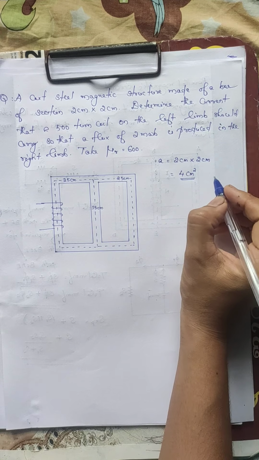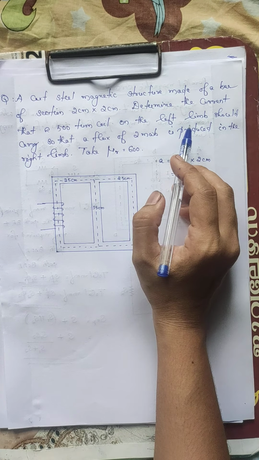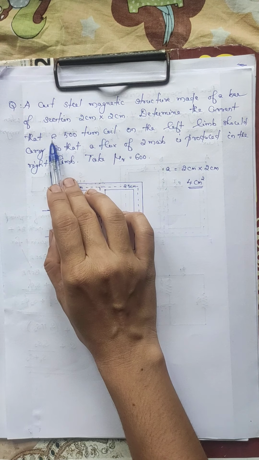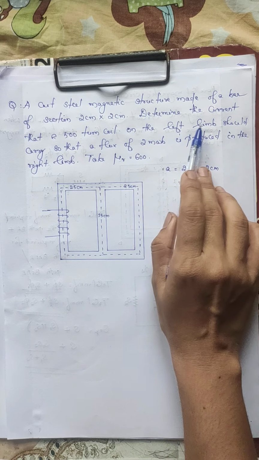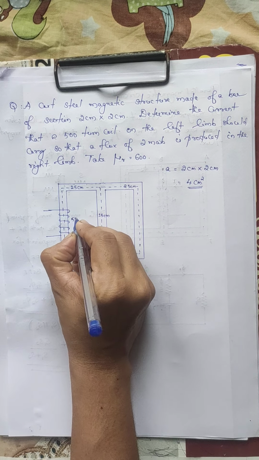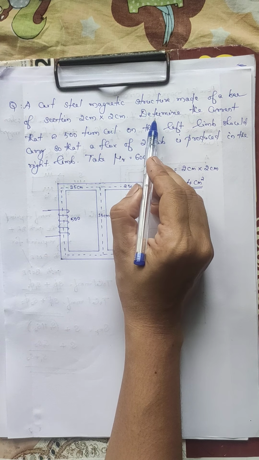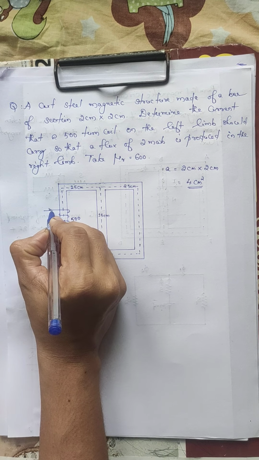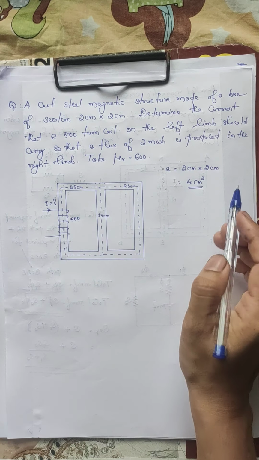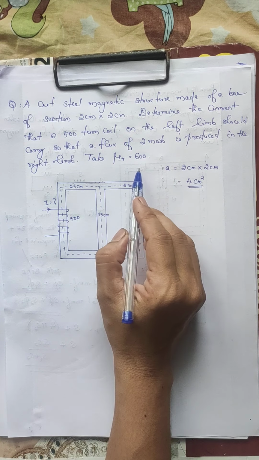So the cross sectional area is given, and we have to determine the current that a 500 turn coil on the left limb should carry. A coil having 500 turns is wound over the left limb, and we have to calculate the current so that a flux of 2 milliweber is produced in the right limb.